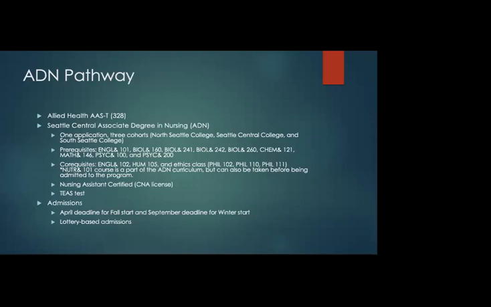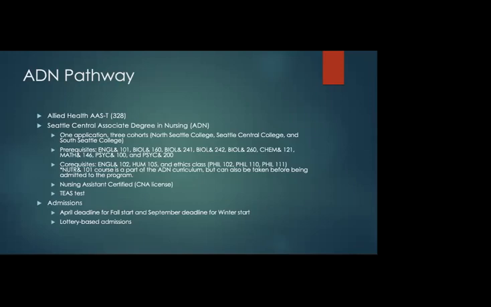So some of the prerequisites that you'll need to take are English 101, Bio 160, Bio 241, Bio 242, Bio 260, Chem 121, Math 146, Psych 100, and Psych 200. Some of the co-requisite classes that you'll need to take include English 102, Humanities 105, and an ethics class.